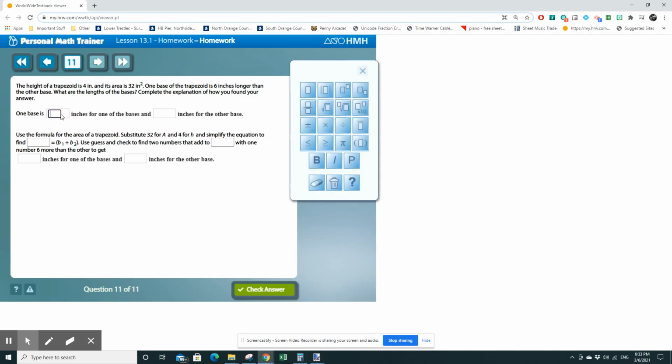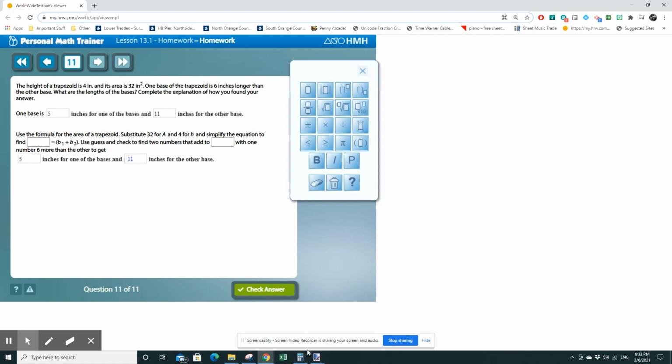Like I said, this is ridiculous. So one base is 5 and the other is 11. And then it says at the end, one base is 5, the other is 11. I don't know why they ask you to type it twice. But they ask you to use a formula, substitute 32 for A and 4 for H, then simplify the equation to find it.